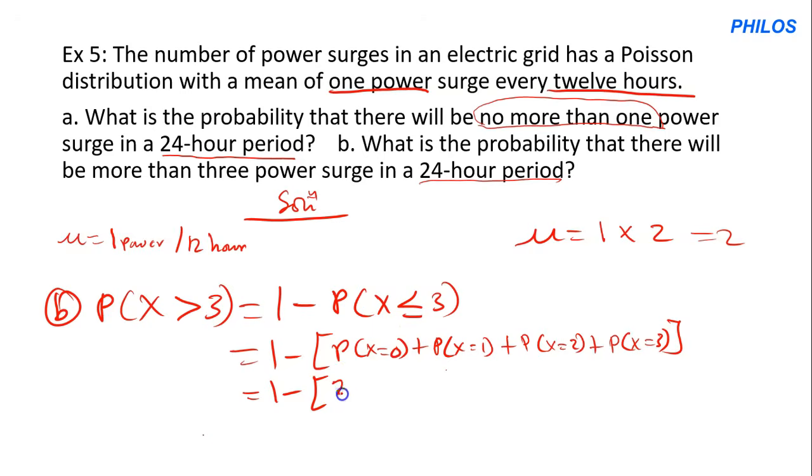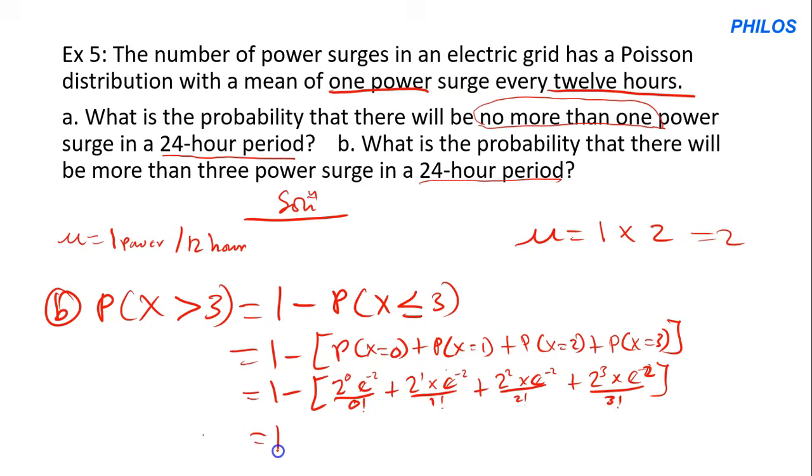So we have 2 exponent 0 times e exponent negative 2 divided by 0 factorial, plus 2 exponent 1 times e exponent negative 2 divided by 1 factorial, plus 2 exponent 2 times e exponent negative 2 divided by 2 factorial, plus 2 exponent 3 times e exponent negative 2 divided by 3 factorial.